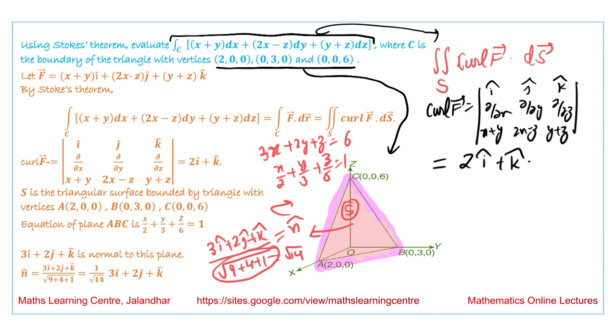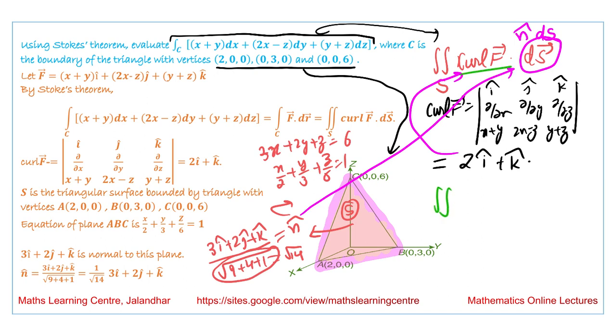So if we substitute these values, we have the value of curl of F vector and we have the value of n cap. This dS vector we can write as n cap dS. So the integral becomes the double integral of curl of F vector dot n cap, which is 1 by root 14 into (6 plus 1) into dS, where S is this surface.